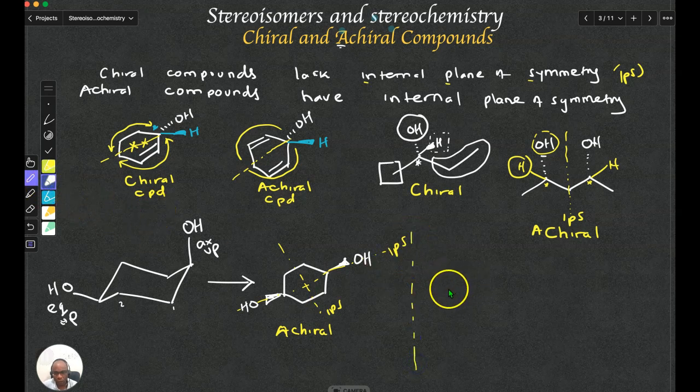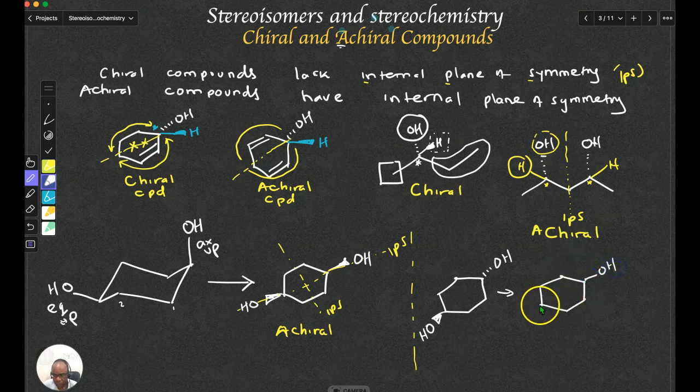Okay, I see what you're asking in your head. You're saying, now what if one of them was a dash? Like this. It's the same thing, because if I translate this to just without the wedges, you'll see that the OH and the OH all lie on the same plane, the cutting plane. So still this one is achiral, even though this is down and this is up.